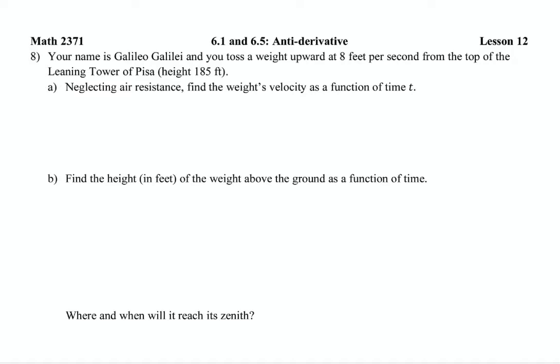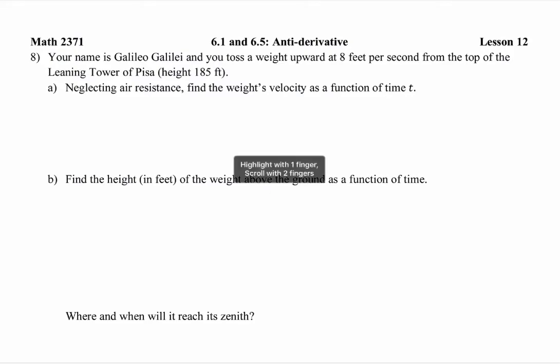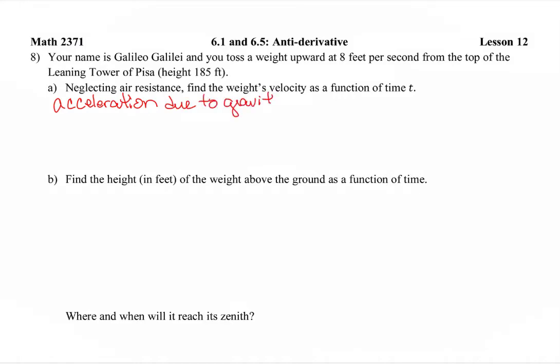If we know that acceleration due to gravity is 32 feet per second squared, then we know that the velocity is 8 minus 32t.